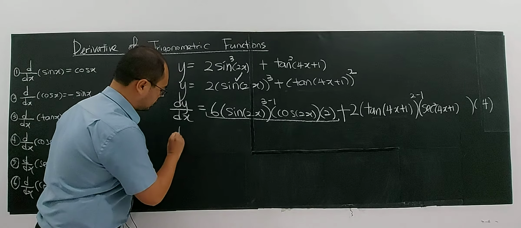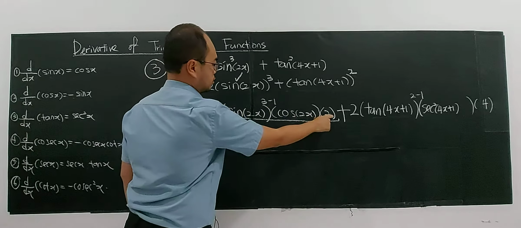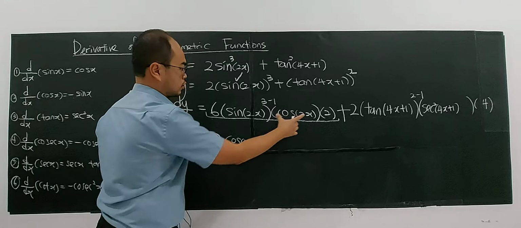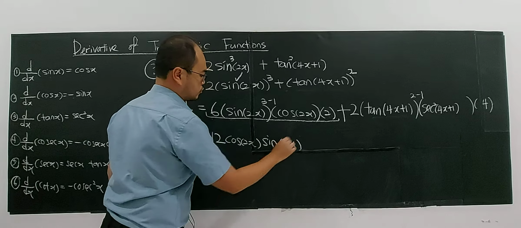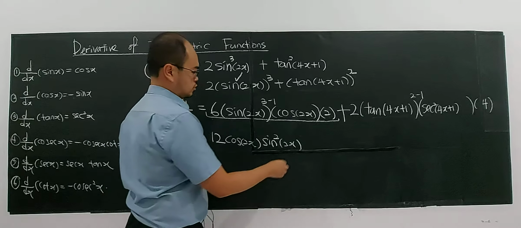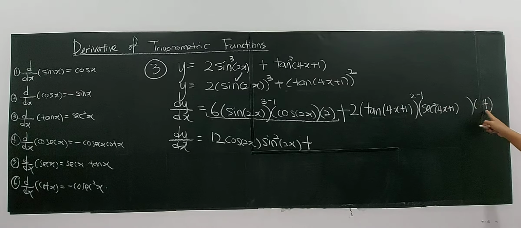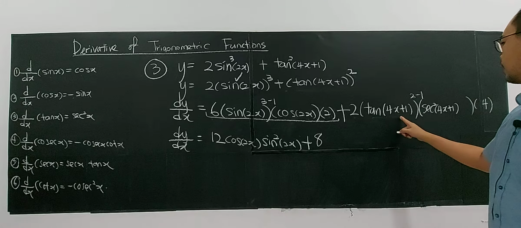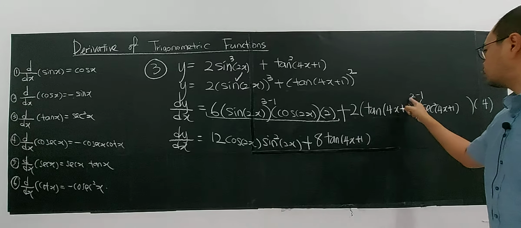So rearrange your dy dx will be 6 times 2, 12, cos 2x, sine 2x to the power of 2. 3 minus 1 is 2, so power of 2, right? 12 cos 2x sine square 2x plus 2 times 4, 8, tangent 4x plus 1, power 1. 2 minus 1 is 1.